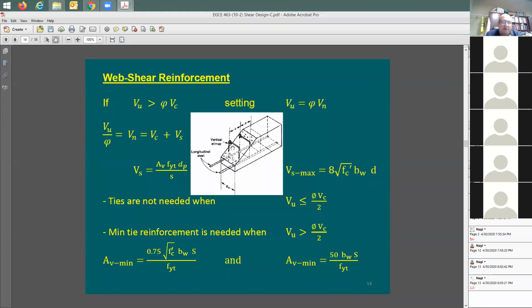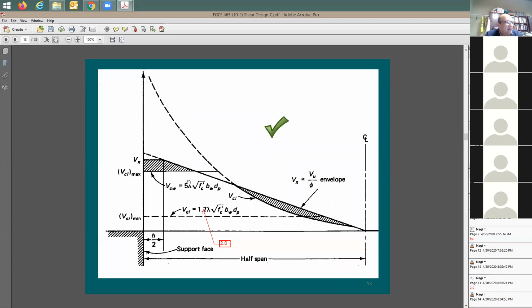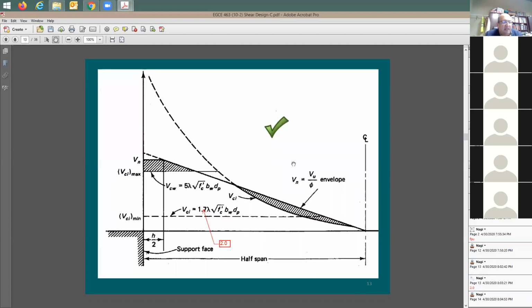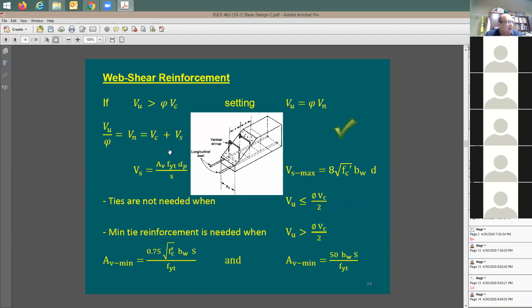How about the reinforcement? What happens if I don't have enough reinforcement? What should I do? Right? I'll add some. So I need this line, which means if the shear demand is more than VC after I use this limit of 5, and after I use this equation, if I still need shear reinforcement, I'm going to be adding it.